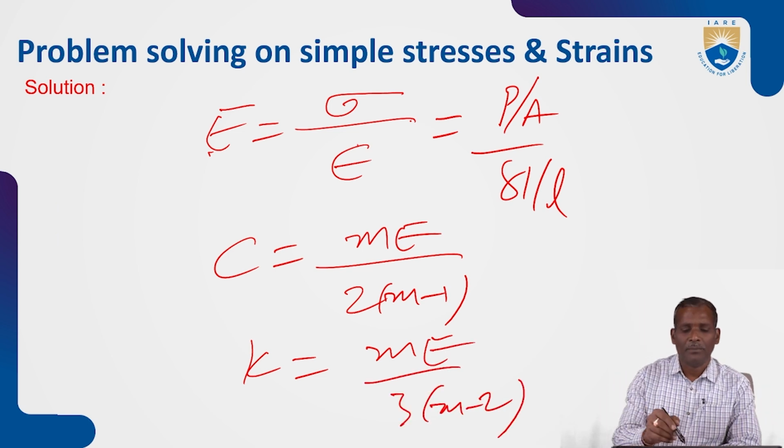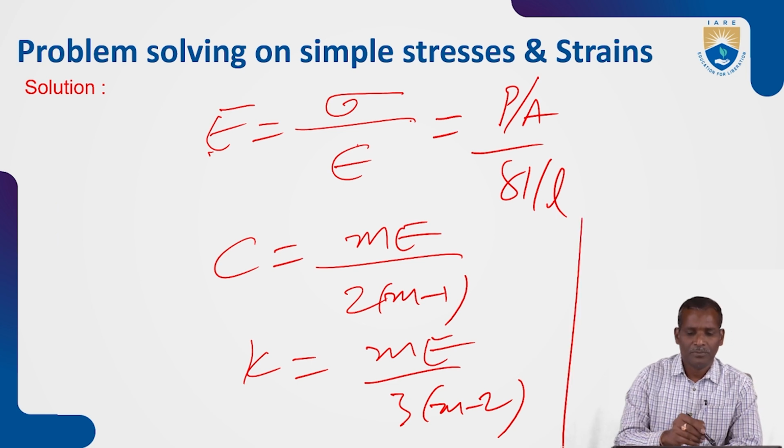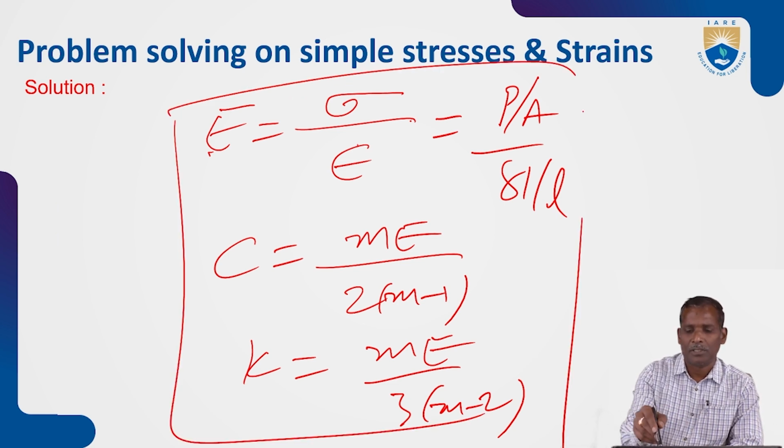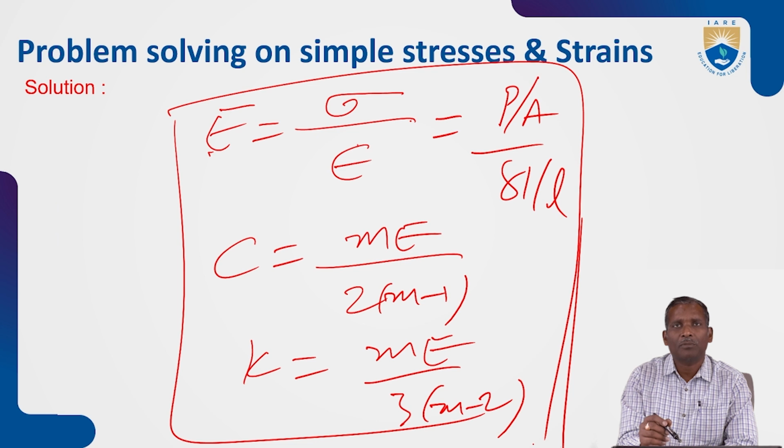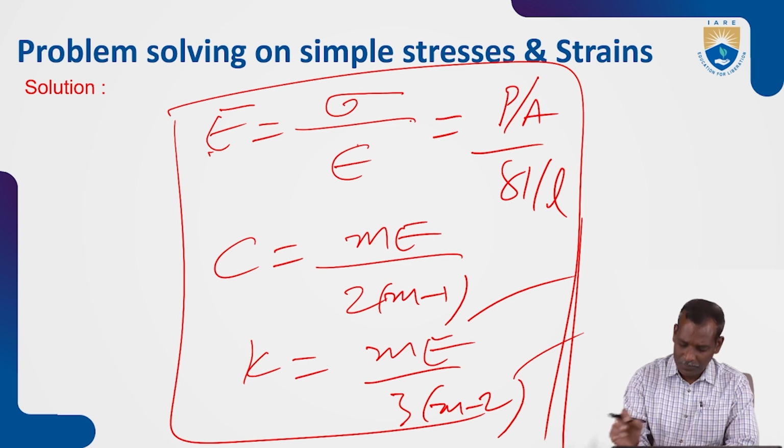Here m is the Poisson's ratio, which we have already calculated. Substitute the Poisson ratio in these values and you will get E, C and K. Like this, you need to calculate the elastic constants whenever the component material is subjected to various loads.